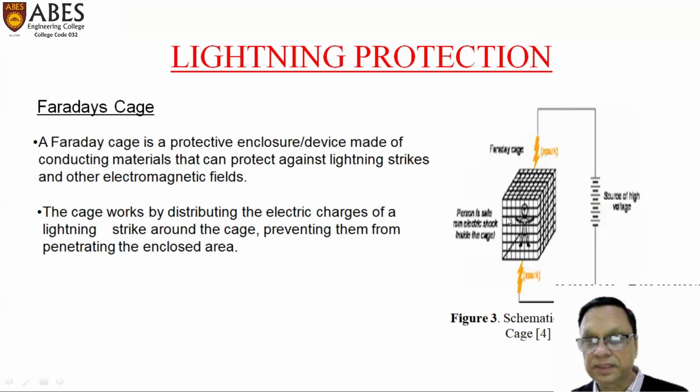And since this cage is grounded, all the lightning current will pass through this ground. So the person in the cage will be saved. It distributes the electrical charges of a lightning strike around the cage, preventing them from penetrating the enclosed area. The person is saved because of this.